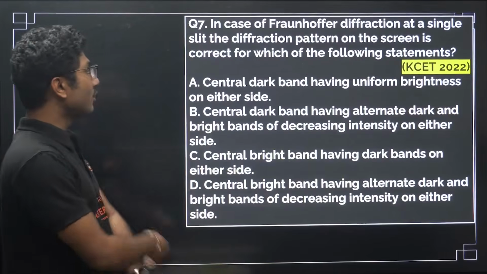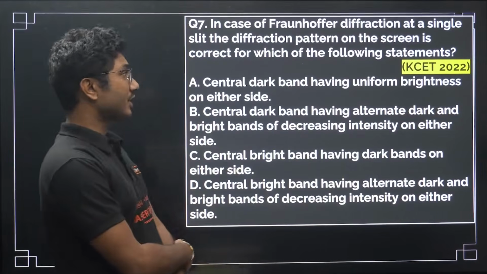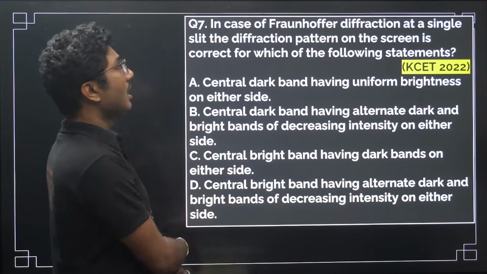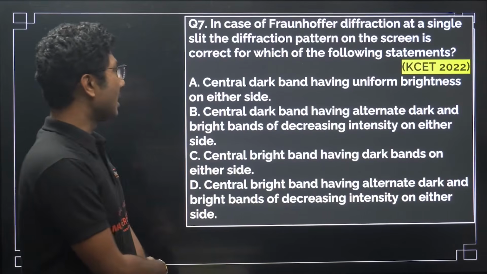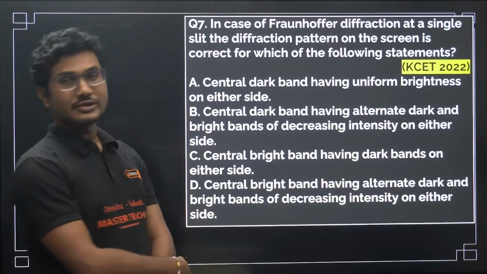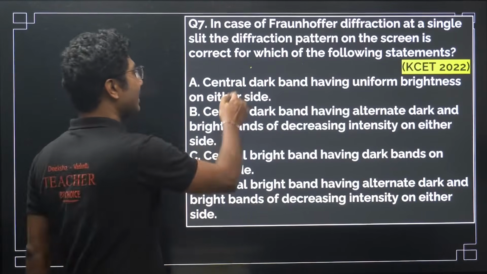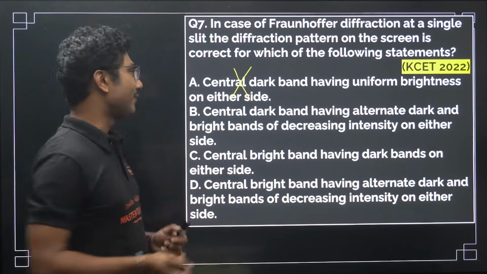Now let's move on to the next question. Fraunhofer diffraction is the same as the diffraction that we study at a single slit. The diffraction pattern on the screen, which of the following statements is correct? Central dark band is incorrect, because the central band is always a bright band in diffraction.